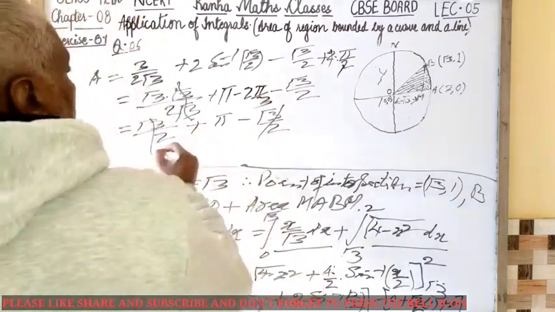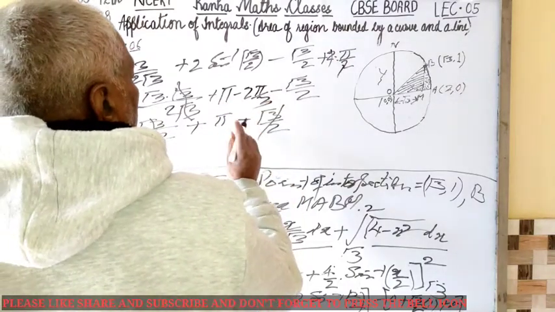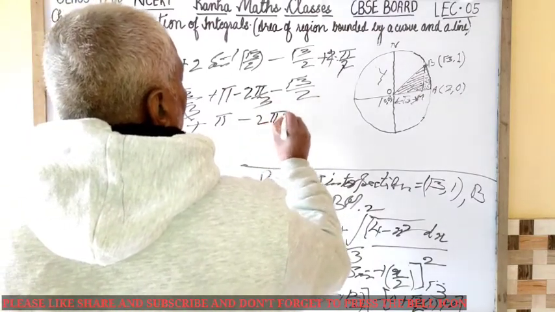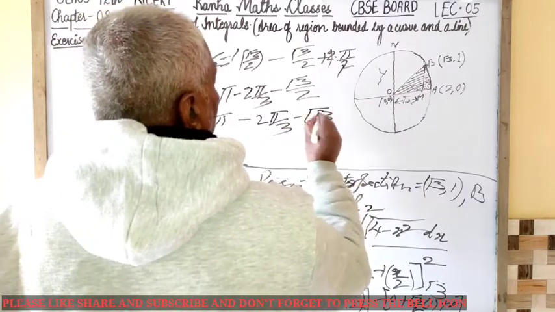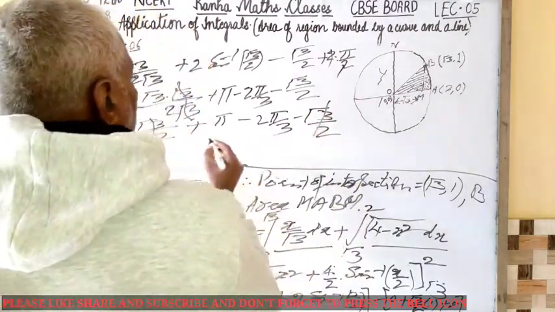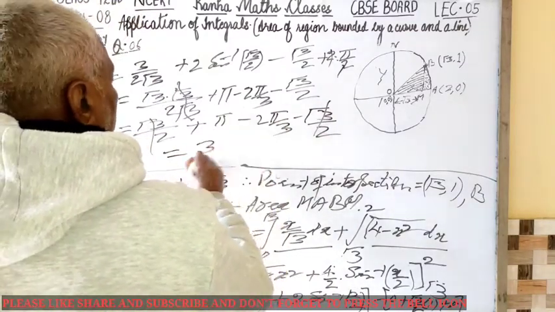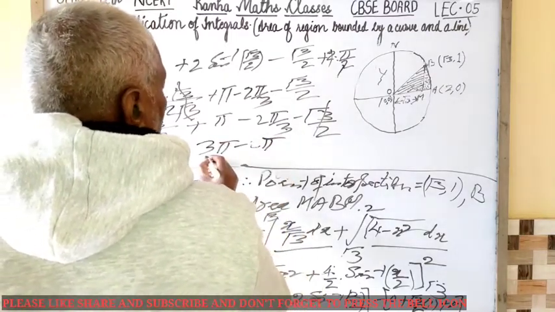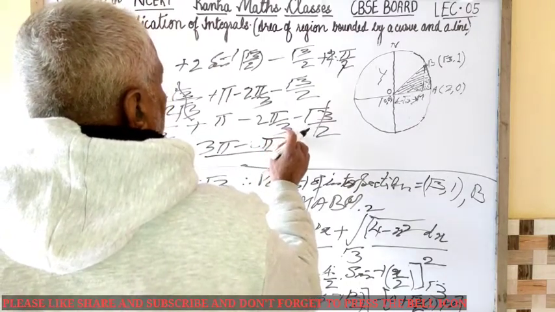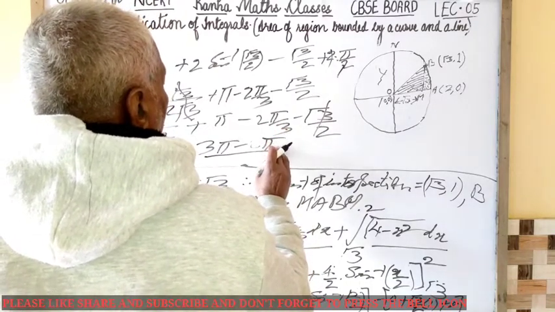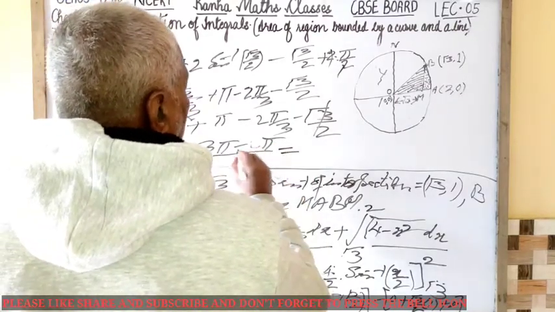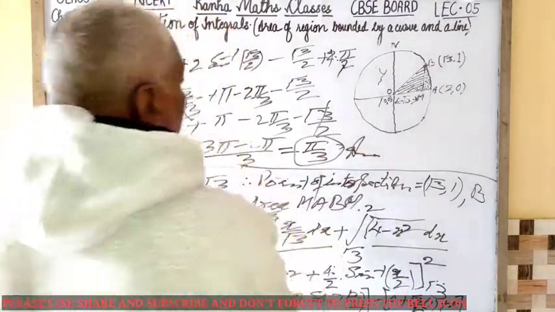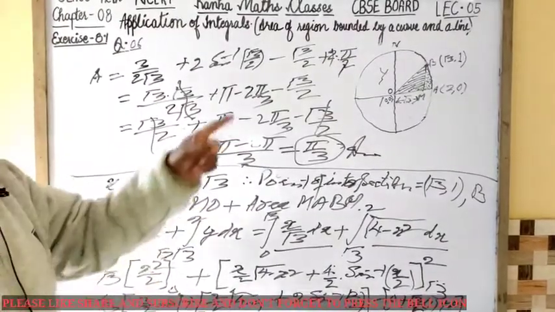The root 3 by 2 terms cancel. So pi minus 2 pi by 3, that is 3 pi minus 2 pi by 3, which is pi by 3. This is the requisite area of the region bounded by the circle and the straight line.